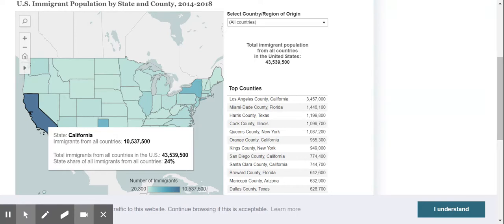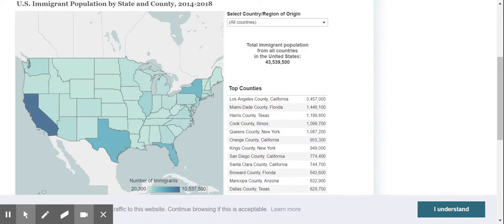If you click on this, it's actually pretty interesting. They've got 10.5 million immigrants from all countries. So 24% of California's population is from a different country. 24% of that population is an immigrant.